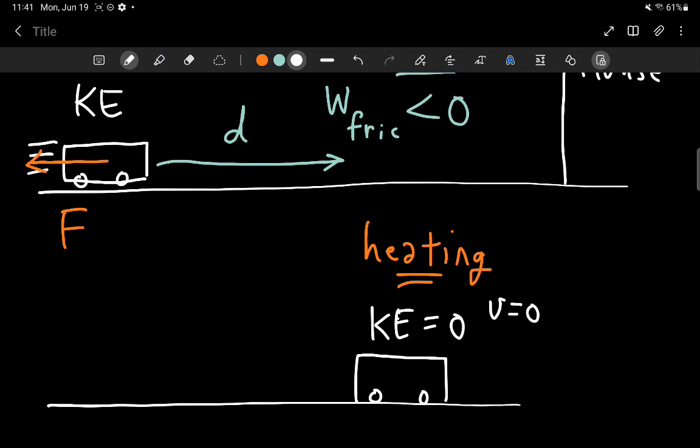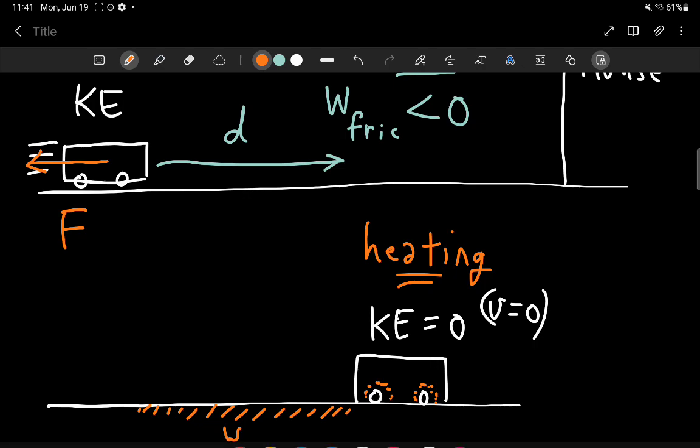The velocity is equal to 0, which was the goal of using the brakes. So it does not hit this house. I'm not going to redraw the house. But interestingly, what has happened is you've warmed up the car, right? So the brake rotors are warm. And not only that, but there's a real sense in which you warmed up the road, right? You made the road warmer.